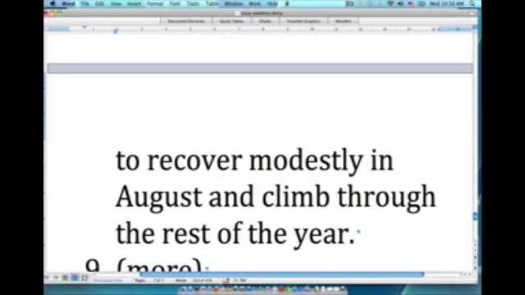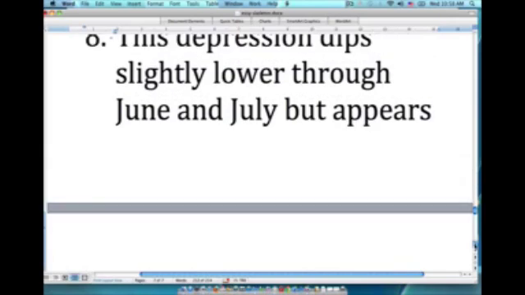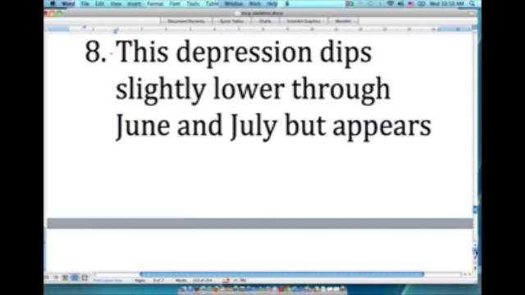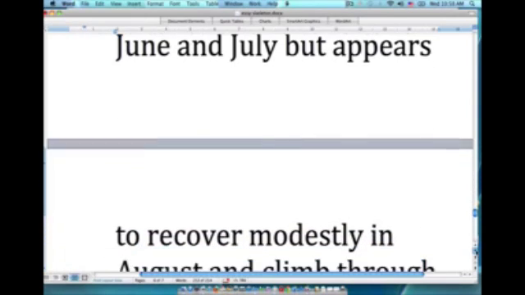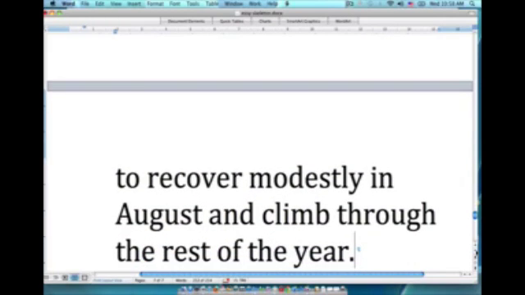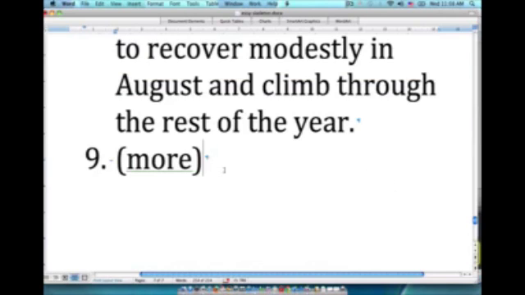Okay? So if we look back at the sentence, this depression dips slightly lower through June and July, but appears to recover modestly in August and climb through the rest of the year.